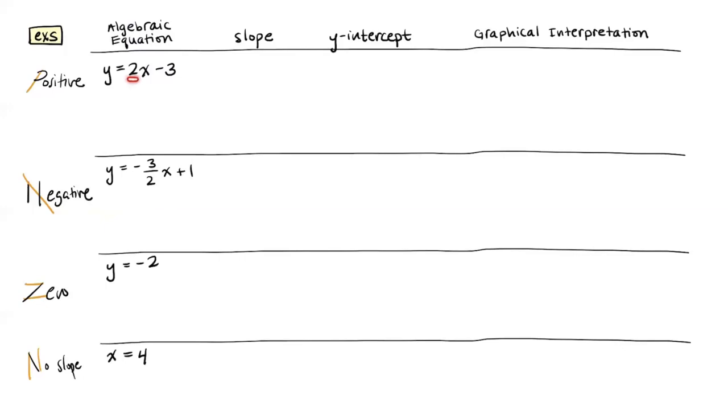It's already written in y equals mx plus b form, so the slope here will be 2. And the y-intercept is what is in place of the b, including the sign. So the y-intercept here will be not -3, but we could write that as (0, -3).